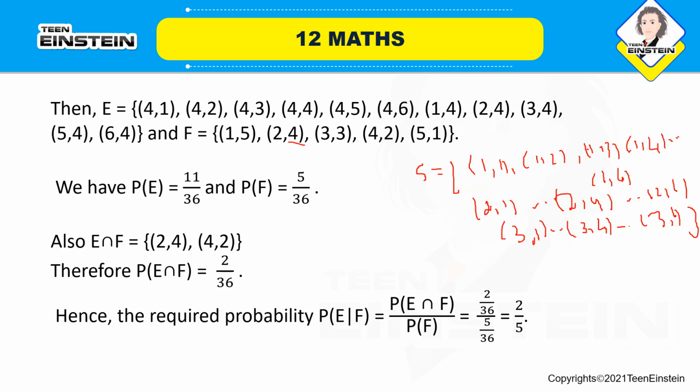So these are the possibilities. When you write the events clearly, then you will be able to write the events. Otherwise, it's very difficult. Here the sum should be 6, the sum of the two numbers from the first row and from the second row.